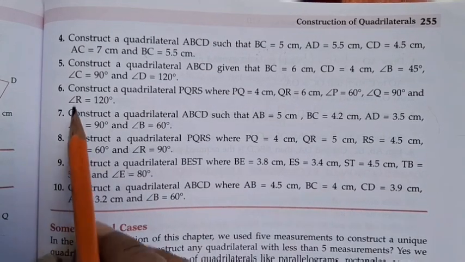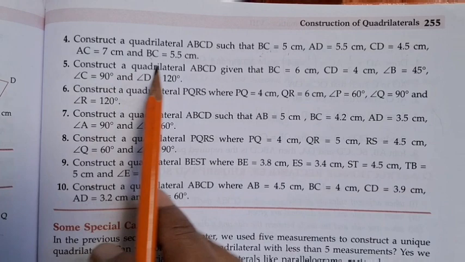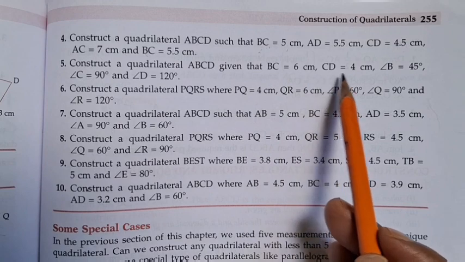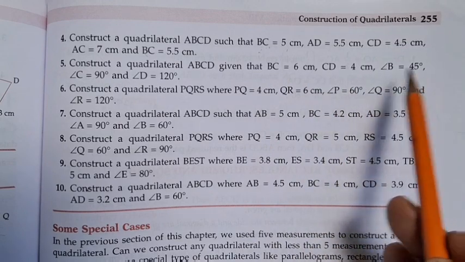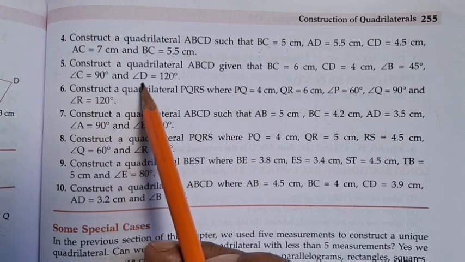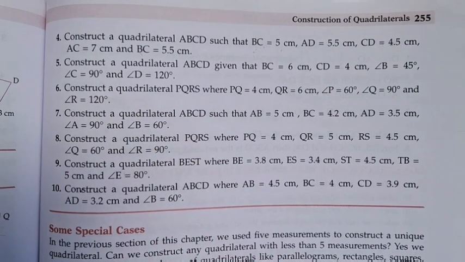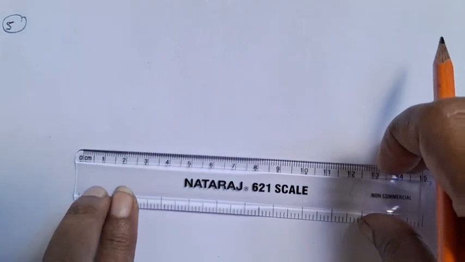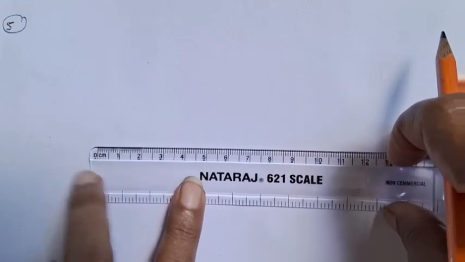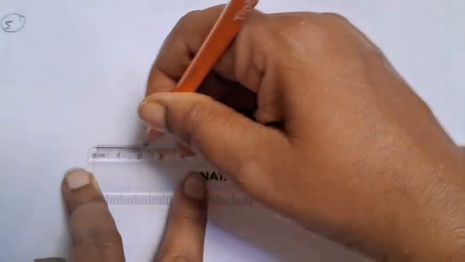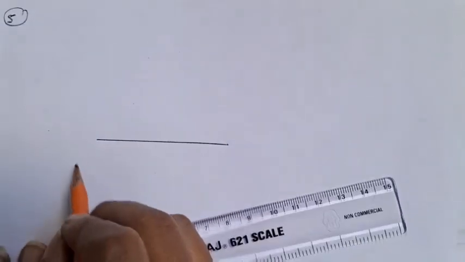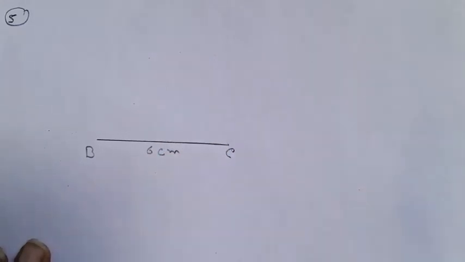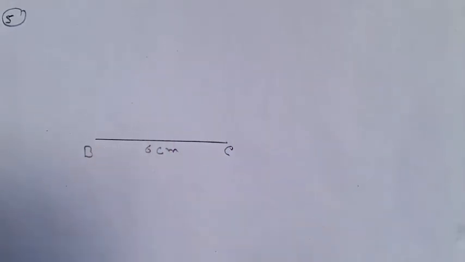And now question number 5. Here we have to construct a quadrilateral ABCD in which BC is 6 cm, CD is 4 cm, angle B is 45 degree, angle C is 90 degree and angle D is 120 degree. So at first I draw BC 6 centimeter. Angle B is 45 degree.